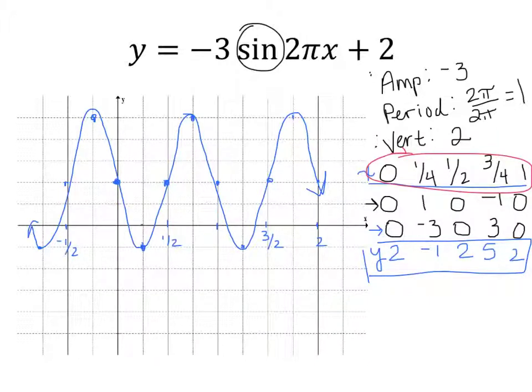What would happen is that 0 would then become 1/2. The 1/4, if you add a half to it, we get 3/4. 1/2 plus a half is 1. 3/4 plus a half, that's like 3/4 plus 2/4, that's 5/4. So when there's a phase shift involved, the x values here are what will change.